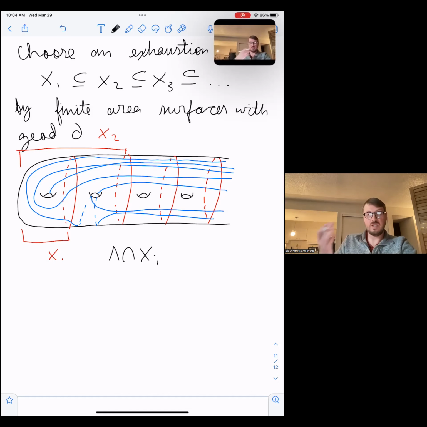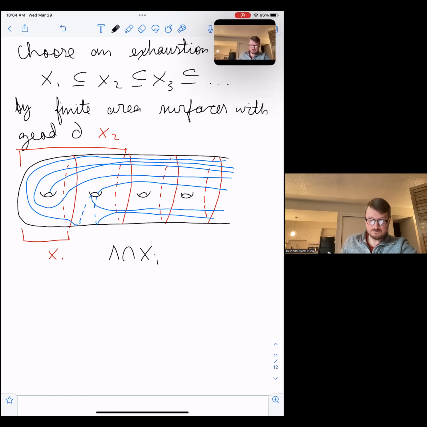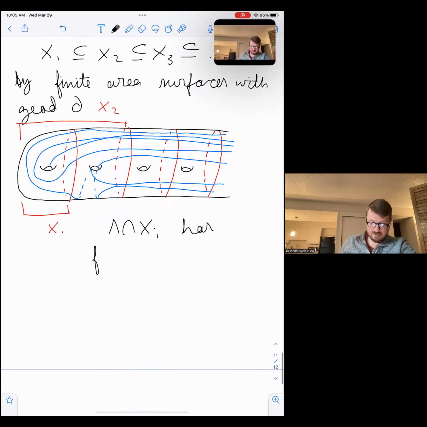Most likely there are going to be infinitely many of them. And even though there are infinitely many of them, there are going to be only finitely many up to homotopy. So this intersection has finitely many homotopy classes of arcs.